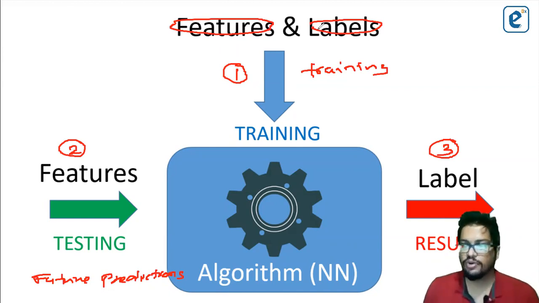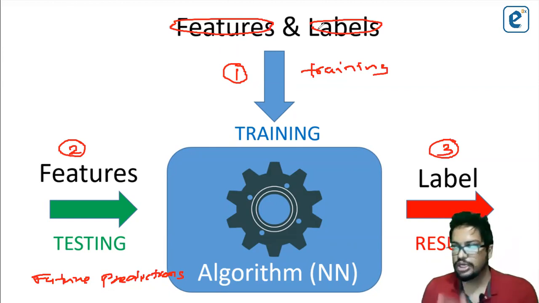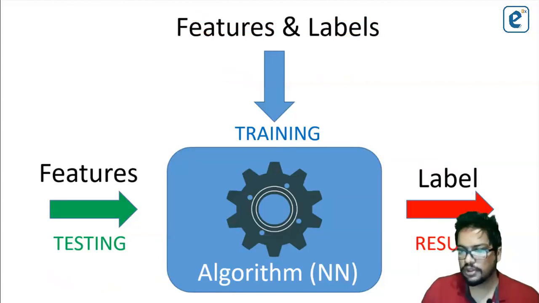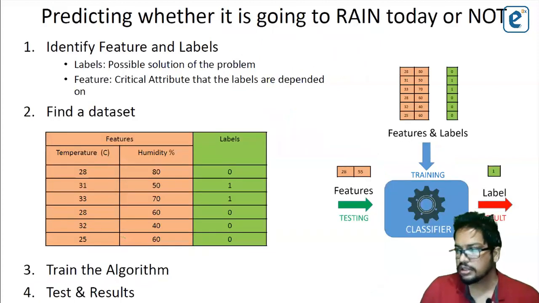That's the most important thing that you have to remember. You need features and labels in order to train a machine learning or deep learning algorithm. Okay, quickly, this is an example.